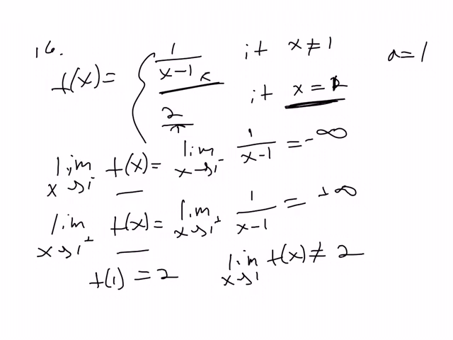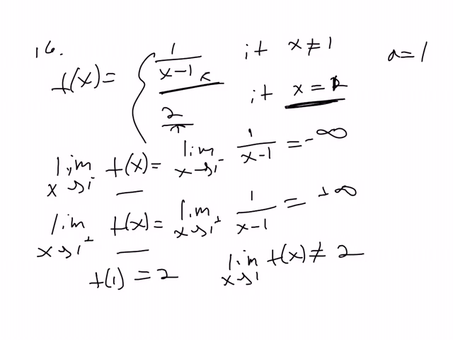Let's look at problem 17. So now we want to show that for f of x equals 1 minus x squared, or 1 over x.